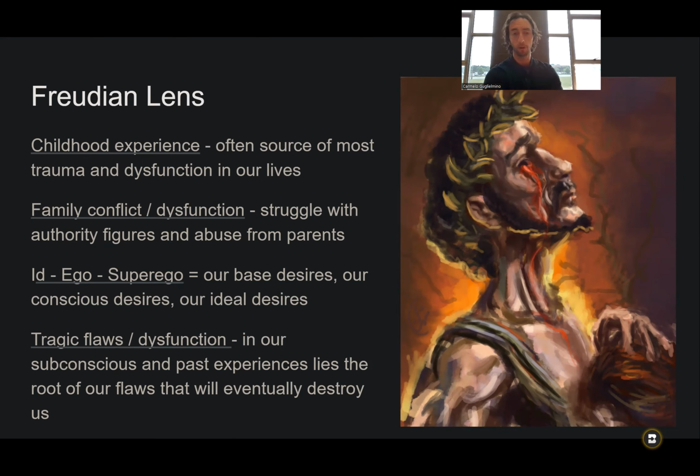So his experiences in childhood immediately make him desire power, make him fear loss, all this sort of thing. That sort of analysis would be the use of a Freudian lens, okay?